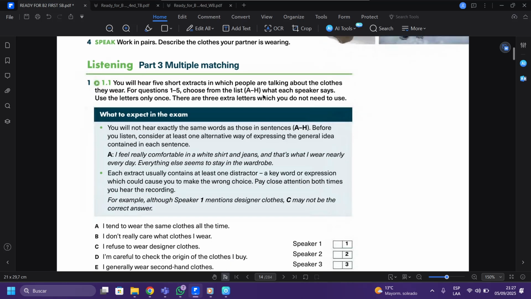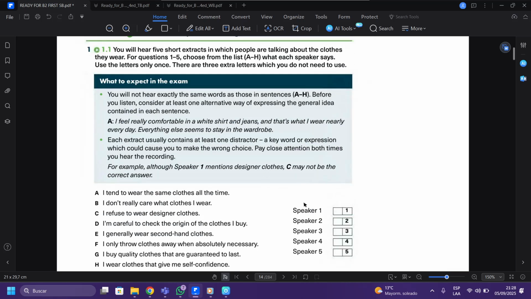So now let's go over some of the listening parts. This is listening part 3, the multiple matching, of the first exam. In this part you will hear an audio with 5 short extracts. The speaker 1, speaker 2, 3, 4, and 5.